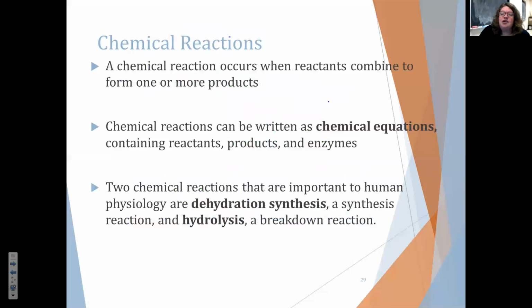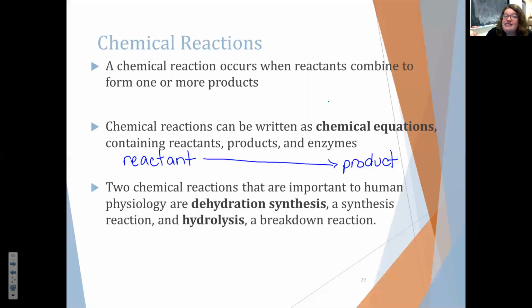So when we're talking about chemical reactions, a chemical reaction occurs when some reactant, some molecule changes in some way. And we write these as chemical equations. What goes into the reaction is called the reactant. What comes out is called the product.